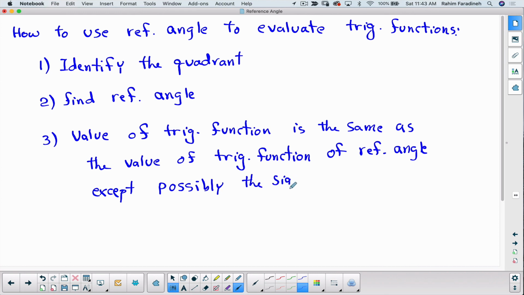It could be positive, it could be negative, so they both could be the same, or one of them could be negative.